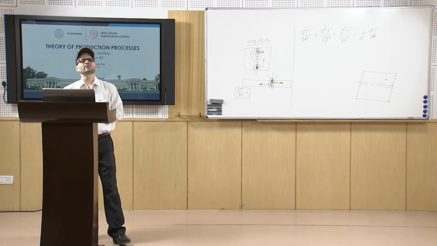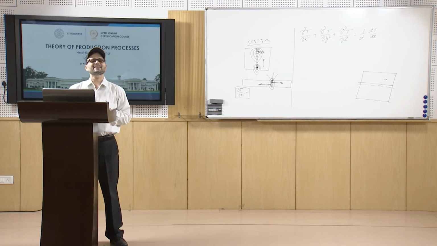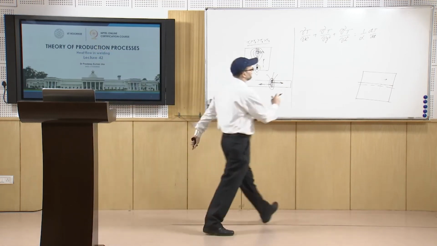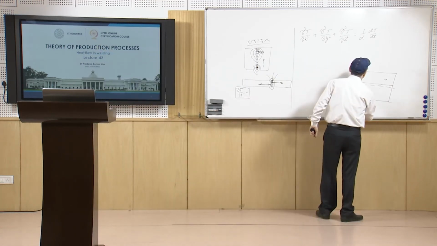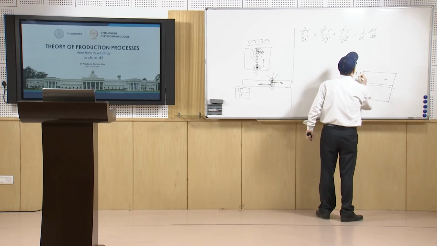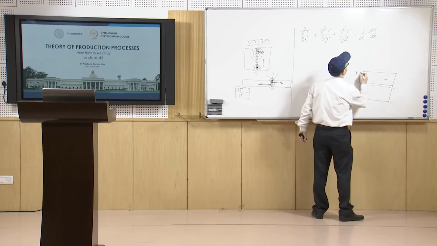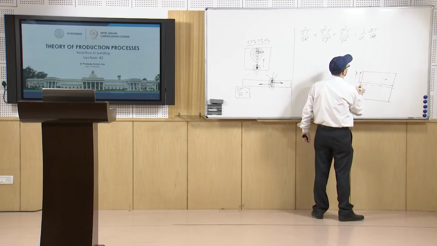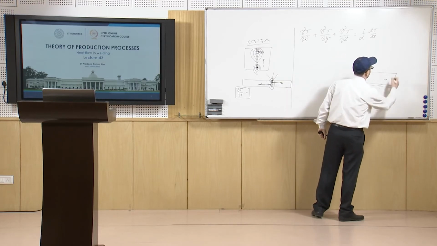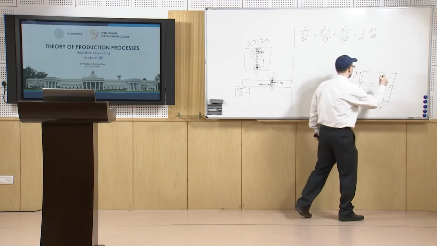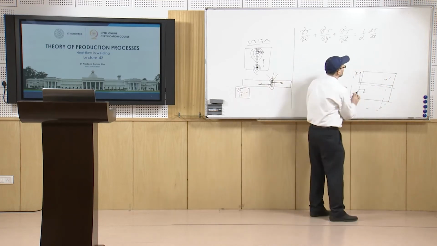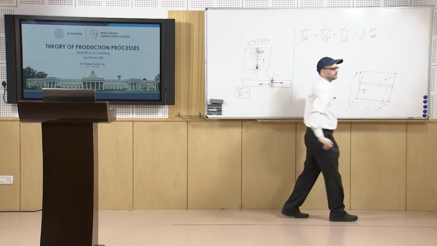So, if this is the direction x, this is the direction y, and this is the thickness. So, it has certain thickness like that, and in this thickness it moves.